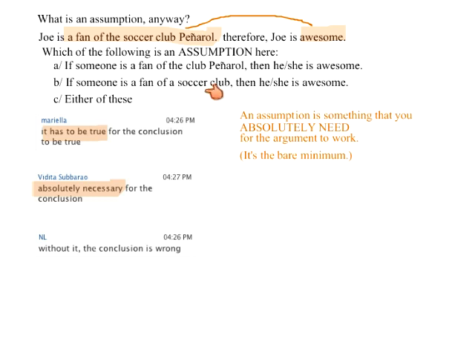So this is certainly not something that has to be true, and in all probability, the speaker probably thinks it is false. So be careful with that. Again, A is something that we clearly need. B is something that we don't need, and the speaker is almost certain to think that it's not true.